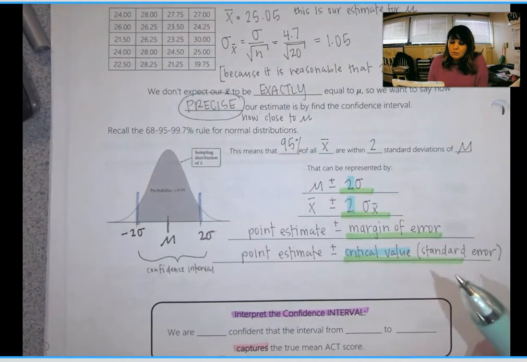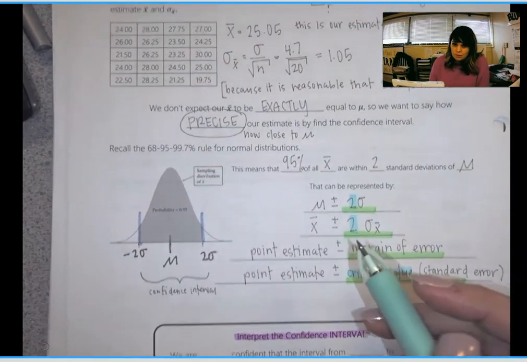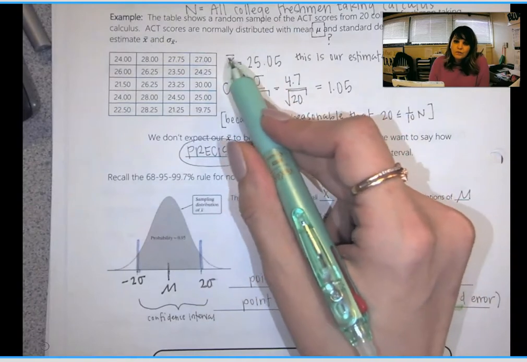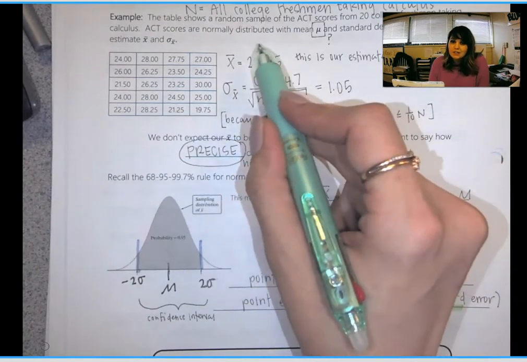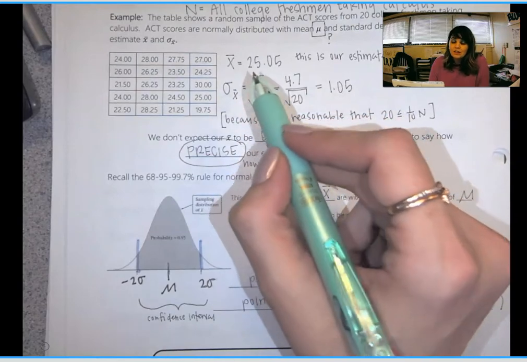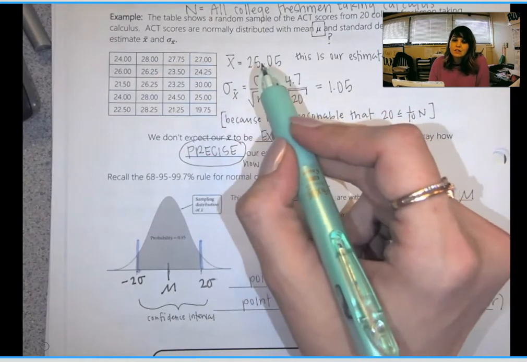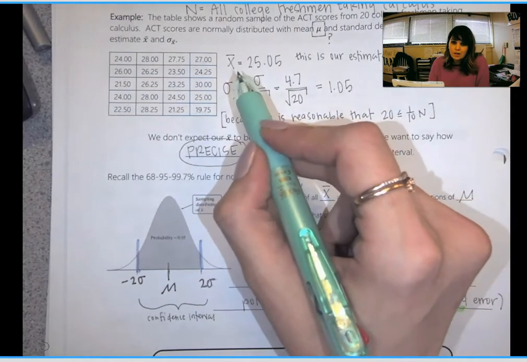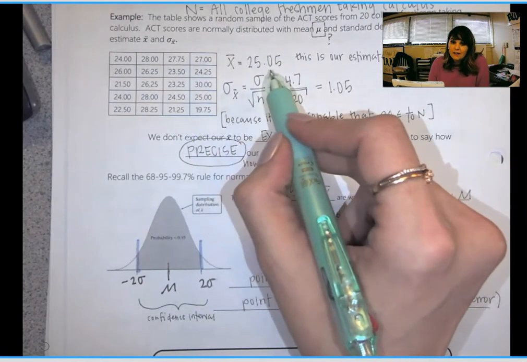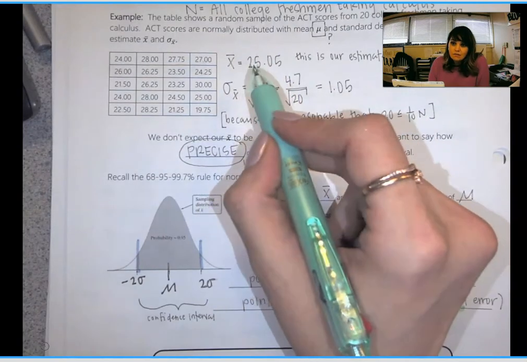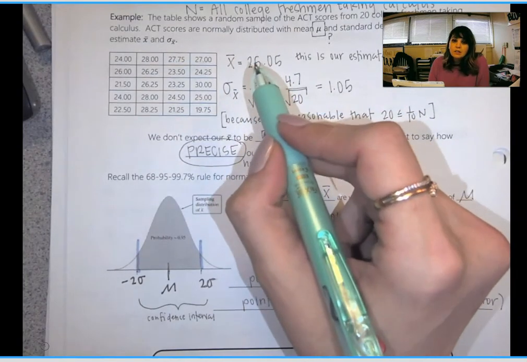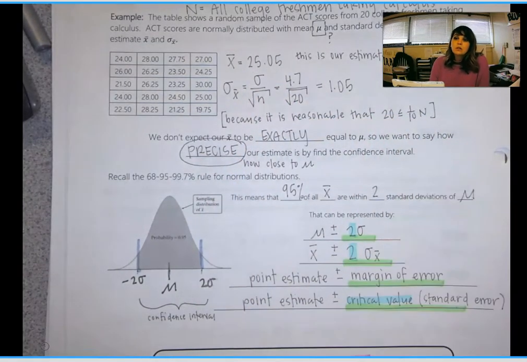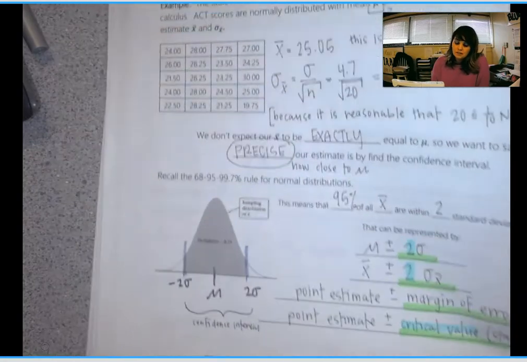So now we can build our confidence interval because we now know that there's a 95% chance that this sample is within 2 standard deviations of the true value. So I'm going to say that one more time. There is a 95% chance that this value is within 2 standard deviations of the true value. So that's how we build a confidence interval.